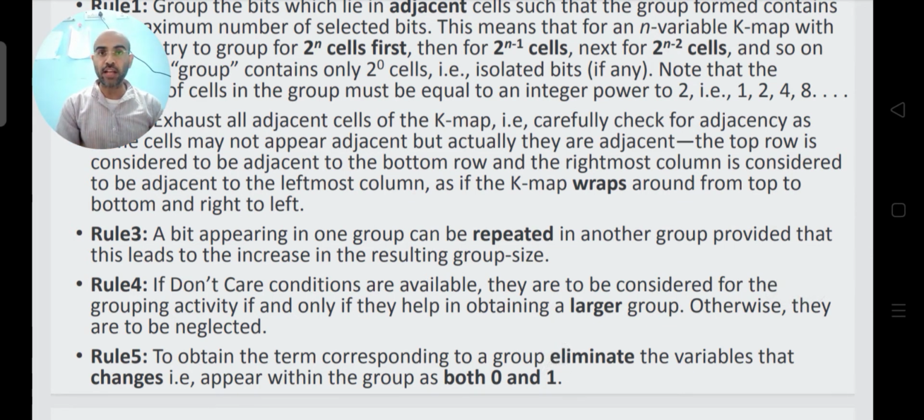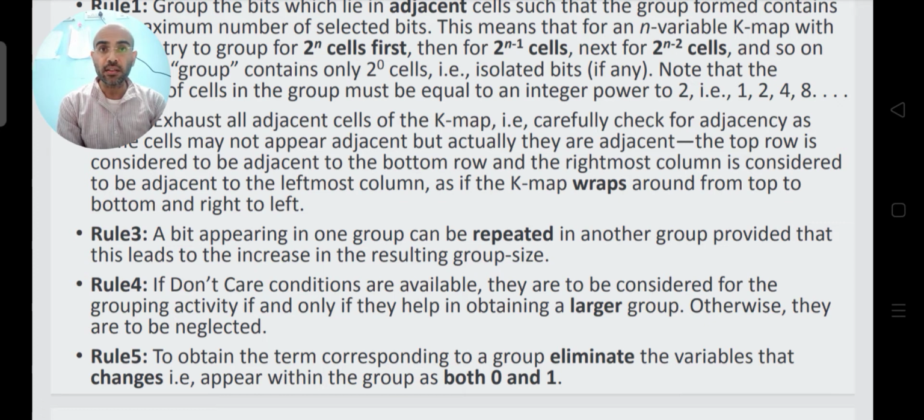Once you have wrapped the cells and checked the adjacency in all the possible ways, and if you have done it correctly, then the next thing is you check the cells. If there is any one remaining, the repetition of groups is allowed.